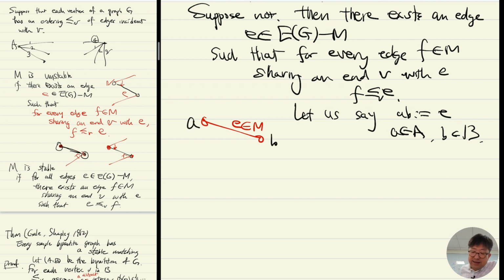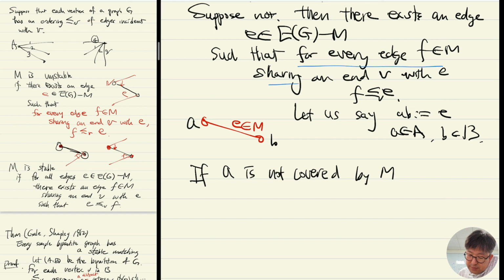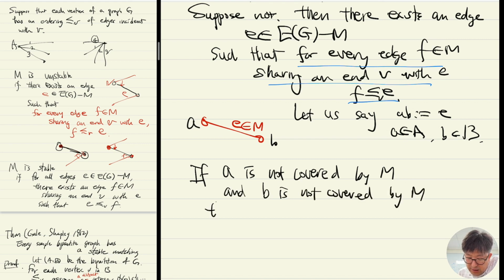Now, what if A is single? If A is not covered by M, and B is not covered by M, then we don't lose anything, okay?